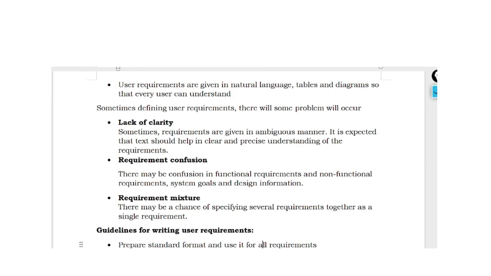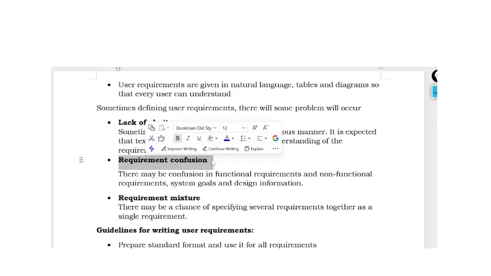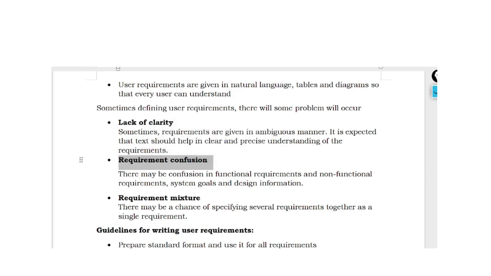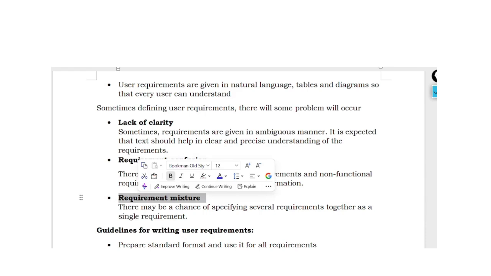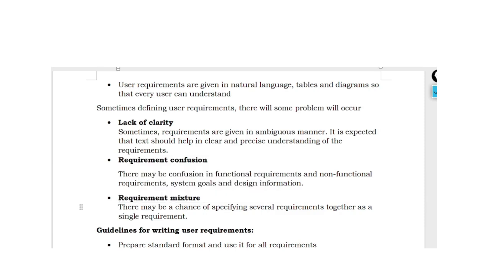Next, requirement confusion: there should not be any ambiguity or confusion while giving the requirements to the developer. And requirement mixture is where we should not mix different requirements into a single requirement. These are the problems while giving or taking the requirements.